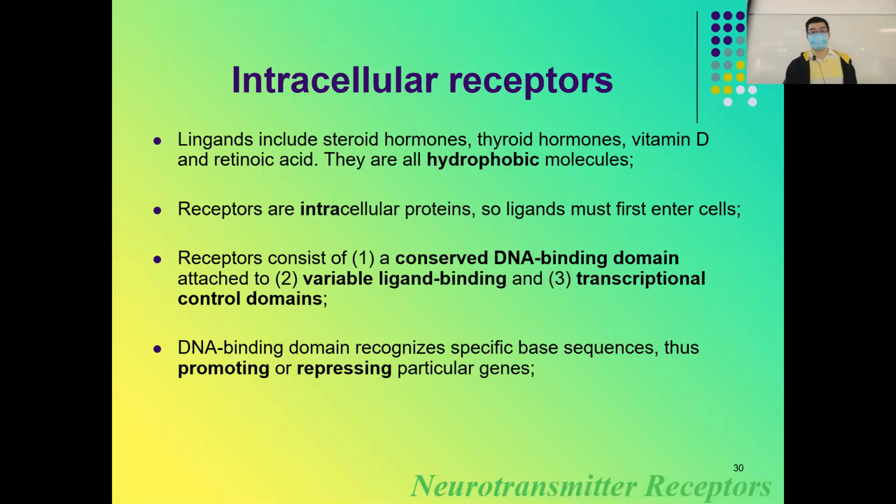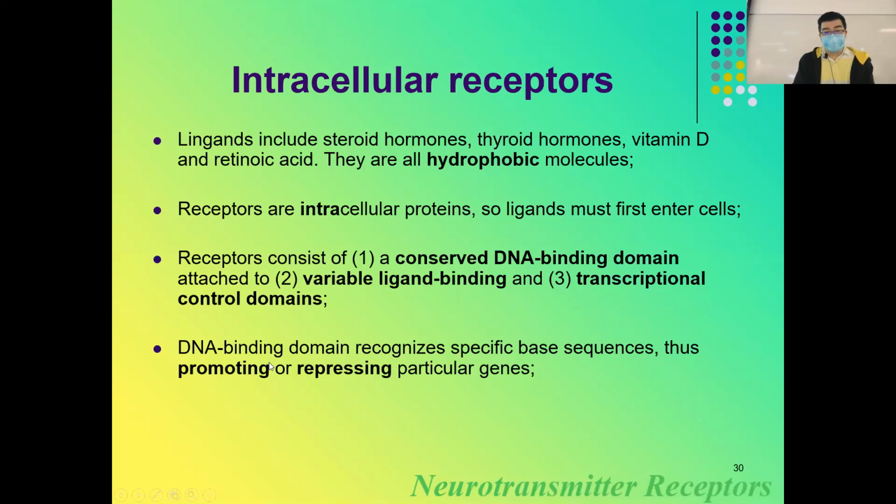Because this group of receptors usually will affect the transcription level, and will have a long-term effect, not just in the nervous system but a global effect, that's the reason why it is a very powerful hormone that you might have heard about in some of the cases.